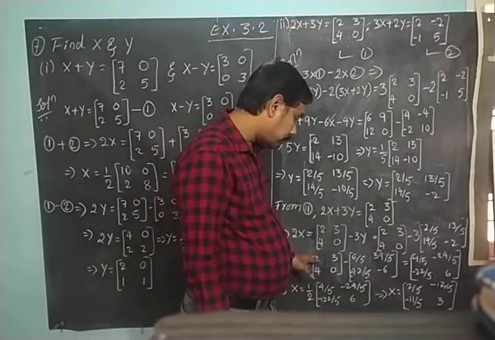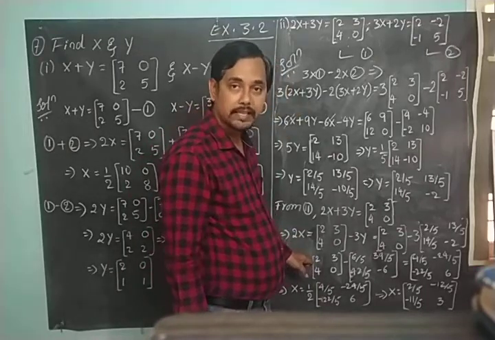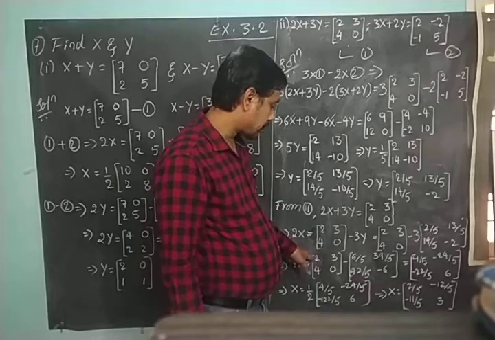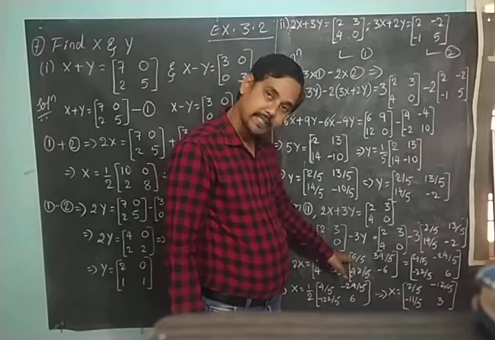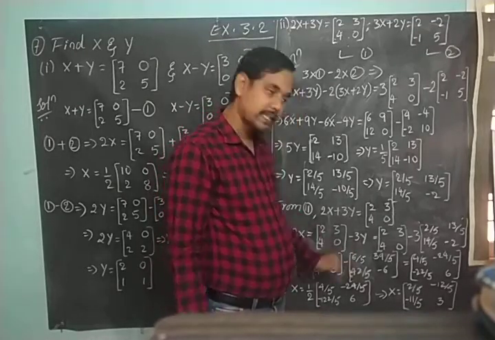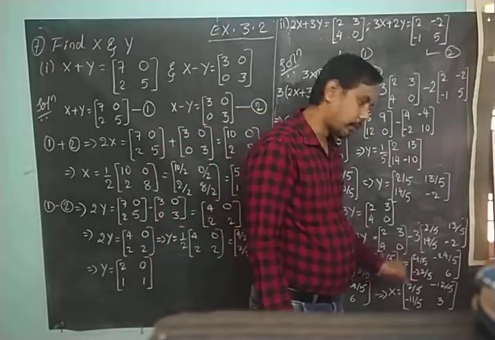When we take the difference, we need to consider the corresponding elements. What is the corresponding element of 2 in this matrix? It is 6 by 5. So 2 minus 6 by 5 is 4 by 5.